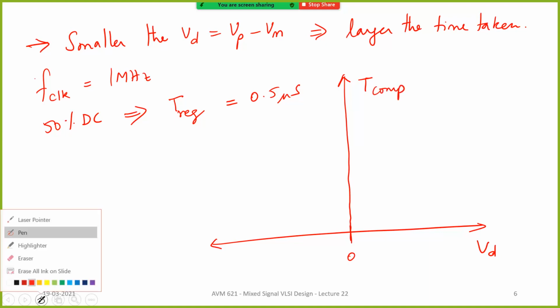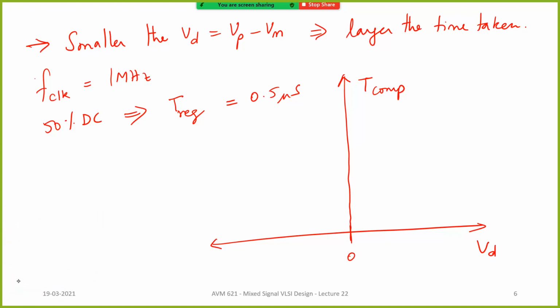How do you think the graph will be? For very large differential voltages, the time for comparison is very small, correct? And we saw that it is asymptotically bell shaped. Basically it's a logarithmic curve.